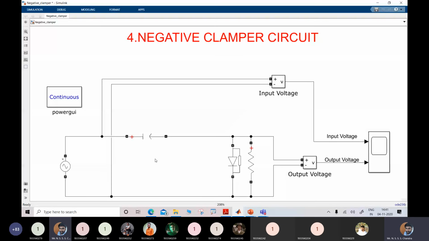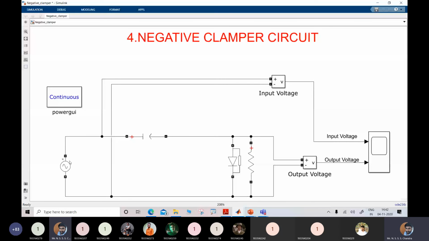So when the input is at plus 10 volts, your output will be 10 minus 9.3. What's the value of 10 minus 9.3? 0.7 volts, right?